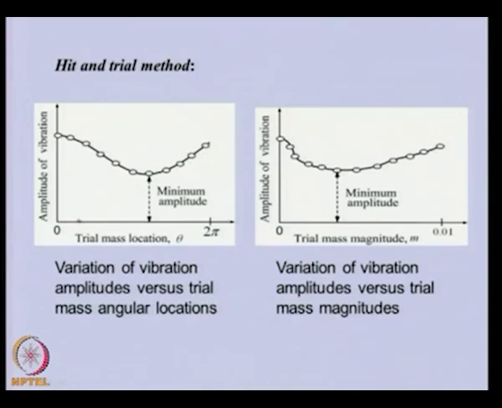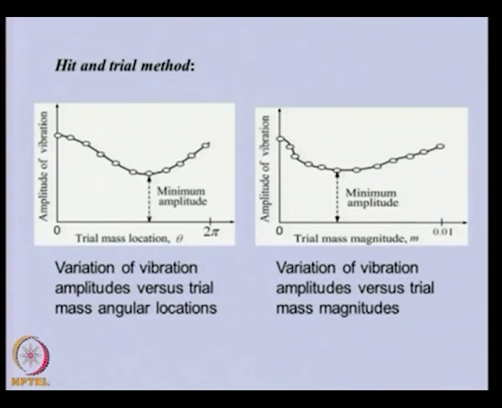We will change the orientation of the mass at plane 2 to different positions, and we will measure the amplitude and plot it. From this plot we can see that when we are keeping the unbalance in this angular position, the amplitude of vibration is minimum. That means this is the correct location of the trial unbalance we need to keep.